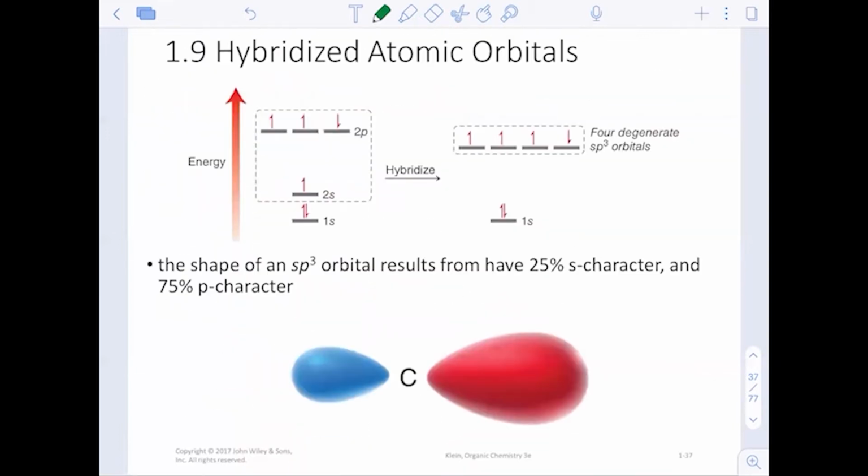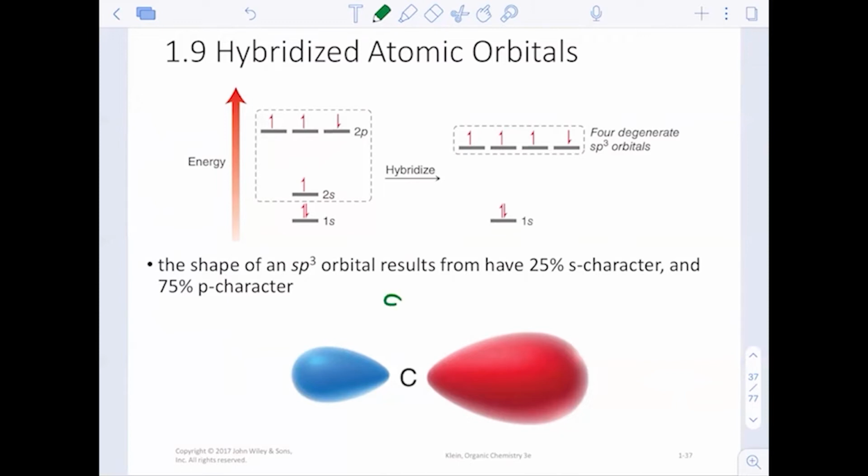What results is the sp3 orbital is kind of like an S and a bunch of P's fell in love, had a baby, and it looks kind of like a dumbbell, but it's an uneven dumbbell shape, right? We see a bloated lobe there on the red side and a smaller lobe on the blue.